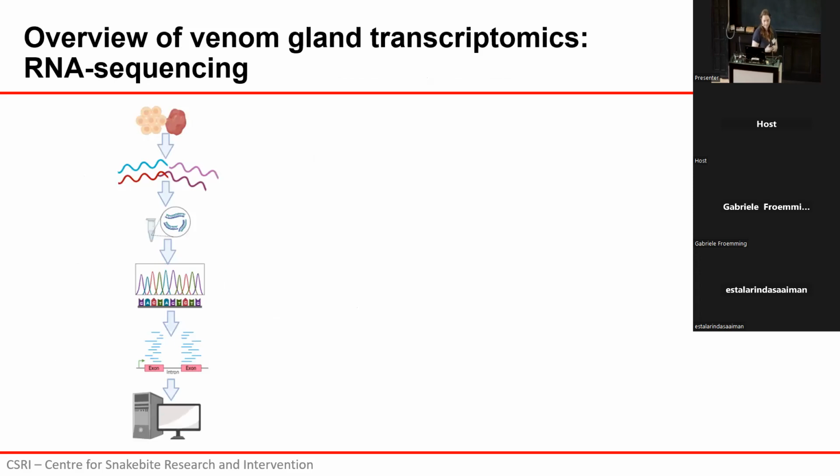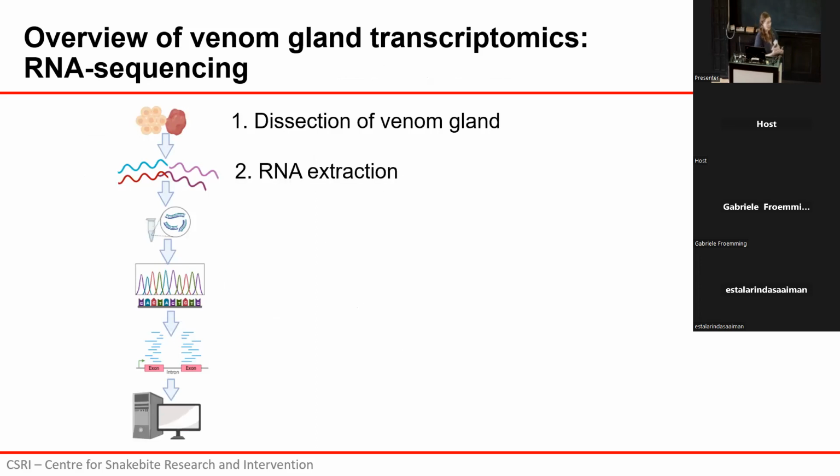To give you an overview of venom gland transcriptomics, it's going to start with dissection of the venom gland, then RNA extraction, so isolating the RNA, in particular the messenger RNA. If you remember back in general biology, there's a lot of different RNA, transfer RNA, ribosomal RNA, but it's the messenger RNA that encodes the protein coding genes, the transcription of them.